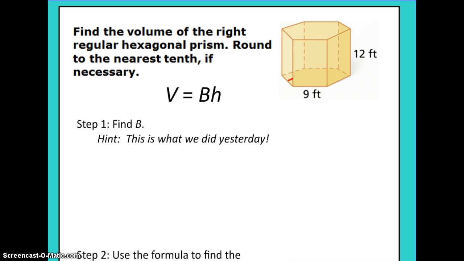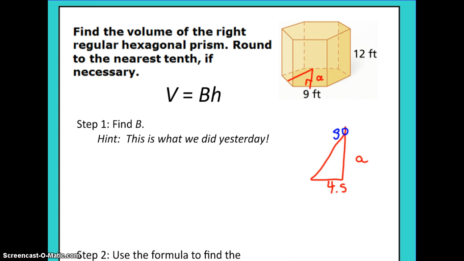Okay, here's the apothem, and then the side length would be 4.5. So I'm going to take this and draw this triangle out a little bit. Right angle, 4.5, A. The interior angle of this triangle is going to have to be 360 divided by 6, and then divide that by 2 again.